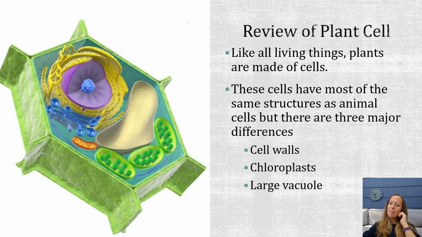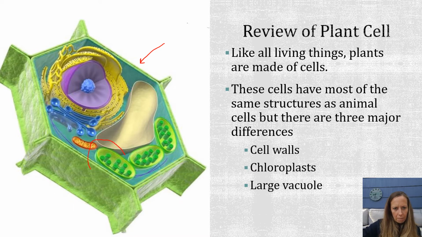These cells have most of the same structures as animal cells, okay? They're missing centrioles that are in animal cells that aren't in plants, but that doesn't matter, okay? The three important things that plants have that animals don't is going to be a cell wall, which is this right here on the edge, right? They have chloroplasts.